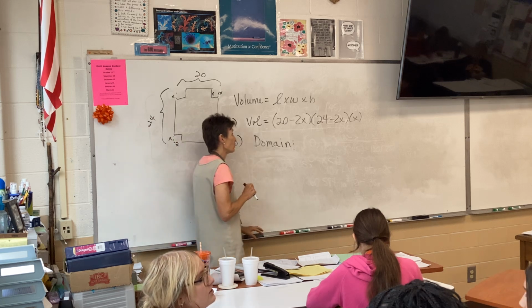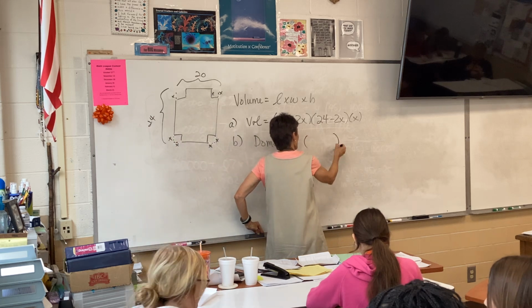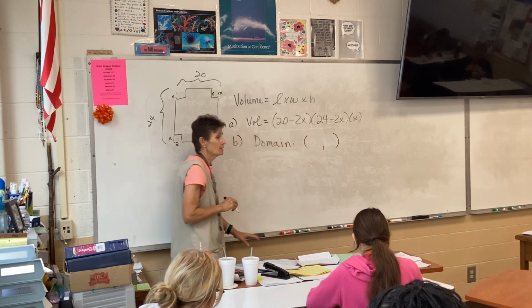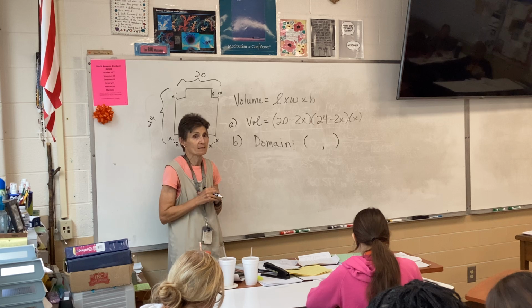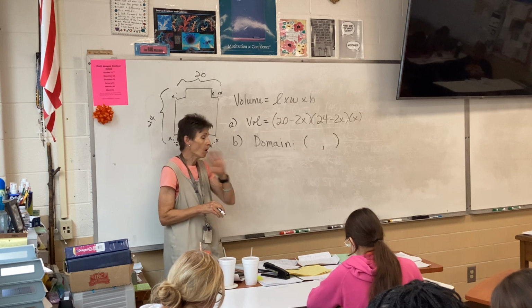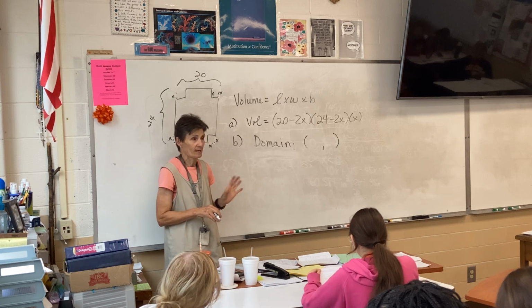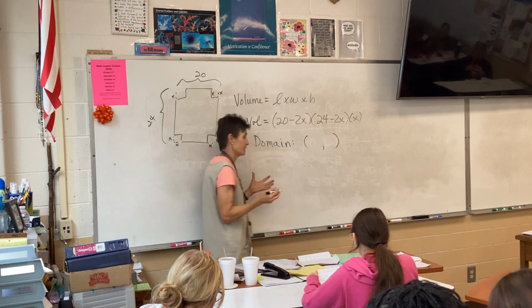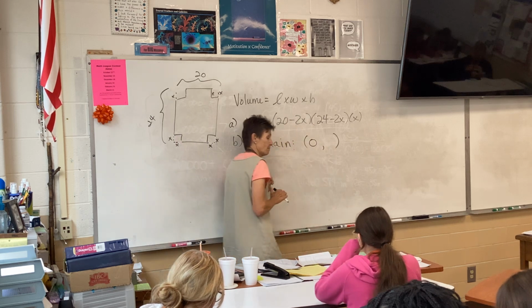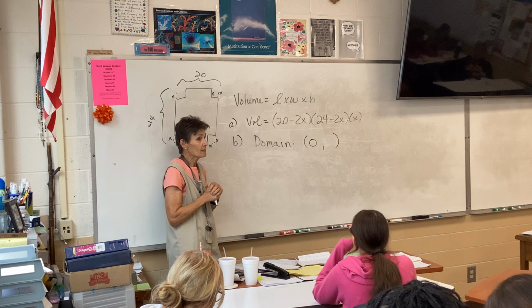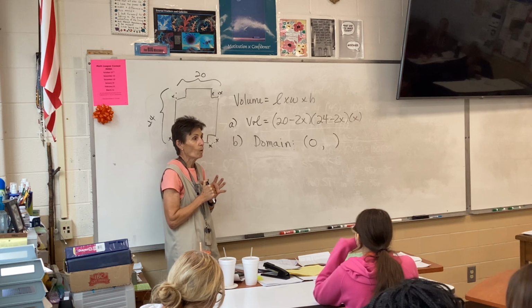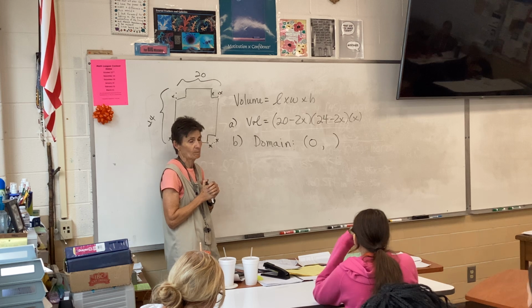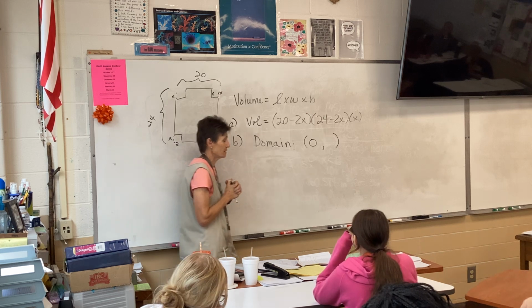Now, let's talk about domain. Domain is going to be an interval, and you're going to put your smallest possible x and your biggest possible x. So what is always our smallest possible x? 0. You can't be negative, so 0 is the bottom one. Now look at your paper this time. What is your biggest possible x? 10.